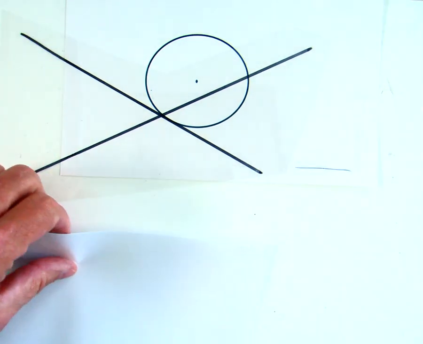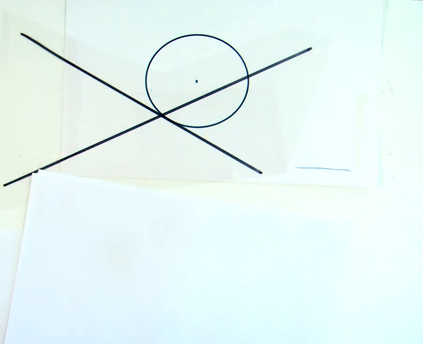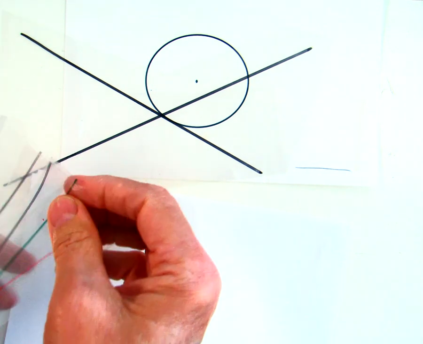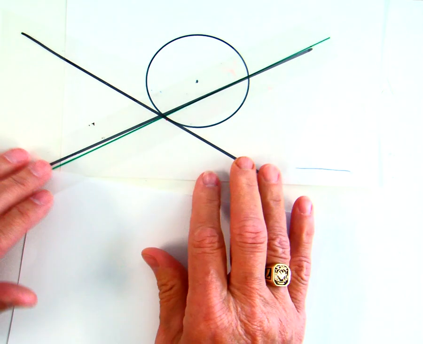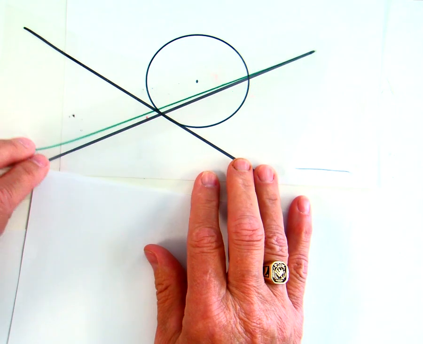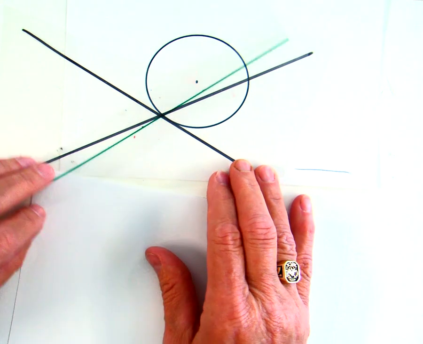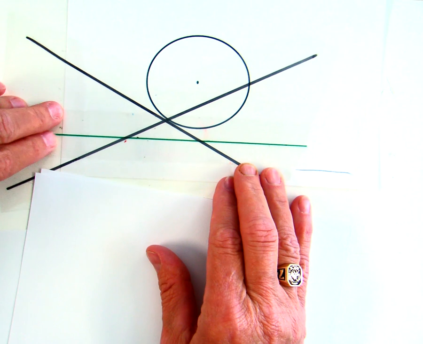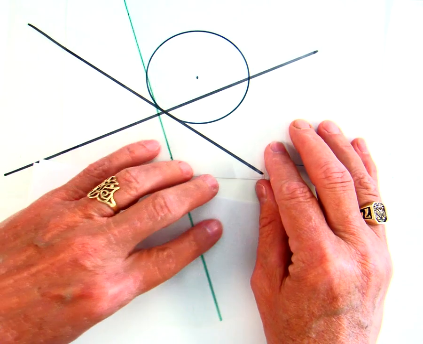Okay, so I'm going to put some other lines here that'll help me do it. Think first about how this secant is working. The secant can go like this. It can change the angle and still be at the point of tangency. And as I rotate this around, I notice that the secant is going through 180 degrees.